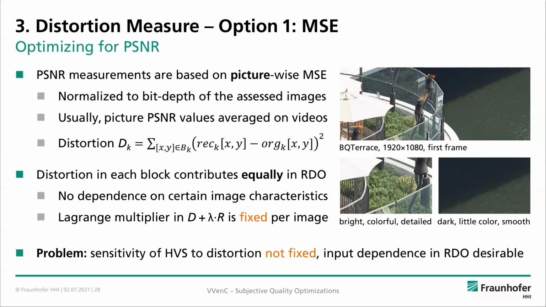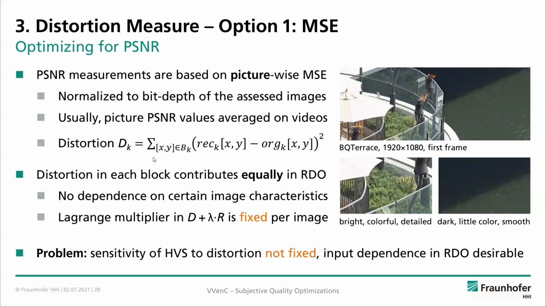The distortion is simply this, the difference between the reconstructed and the original picture data squared and summed up across a block or across the entire picture. Which means the distortion in each block contributes equally in the rate distortion optimization.